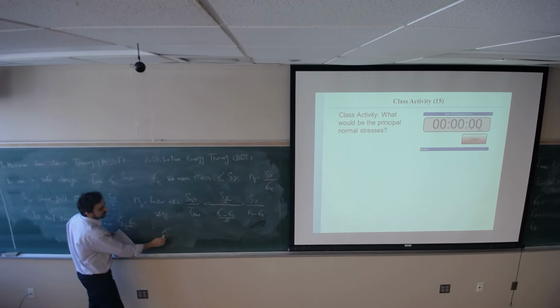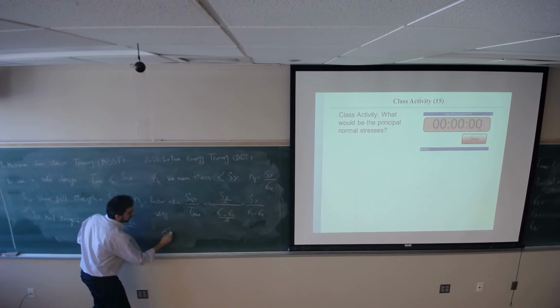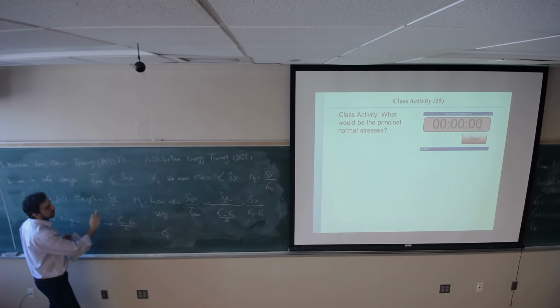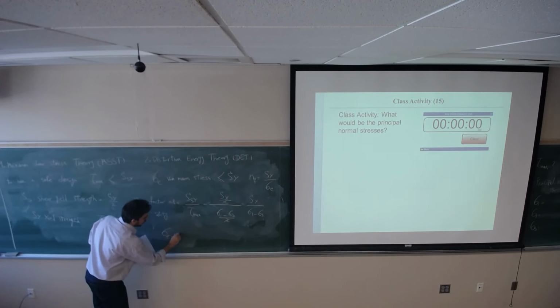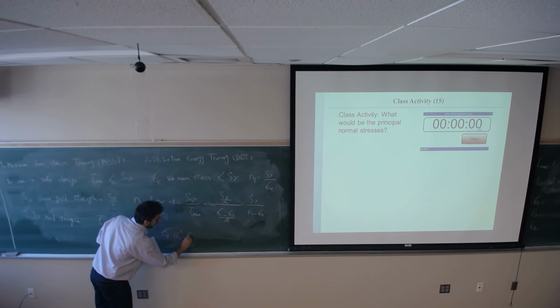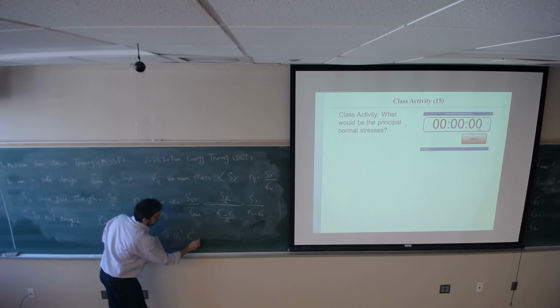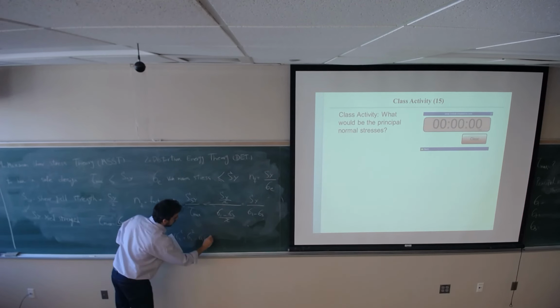I defined the von Mises stress right here. For plane stress, where we have sigma 1 and sigma 2, sigma 3 is not going to show up. It's going to be the square root of sigma 1 squared plus sigma 2 squared minus sigma 1 sigma 2.